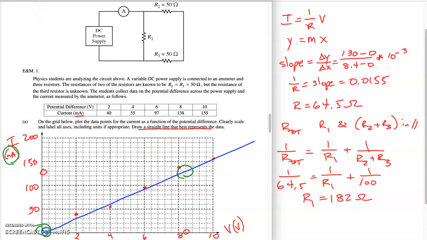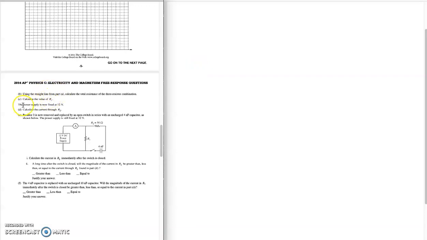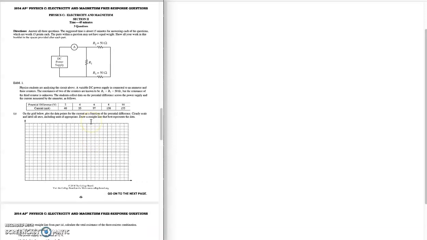All right, for parts D, E, and F, we're going to have 12 volts for a power supply. And now we want to calculate the current through R2. Now let's scroll back up and take a look here.